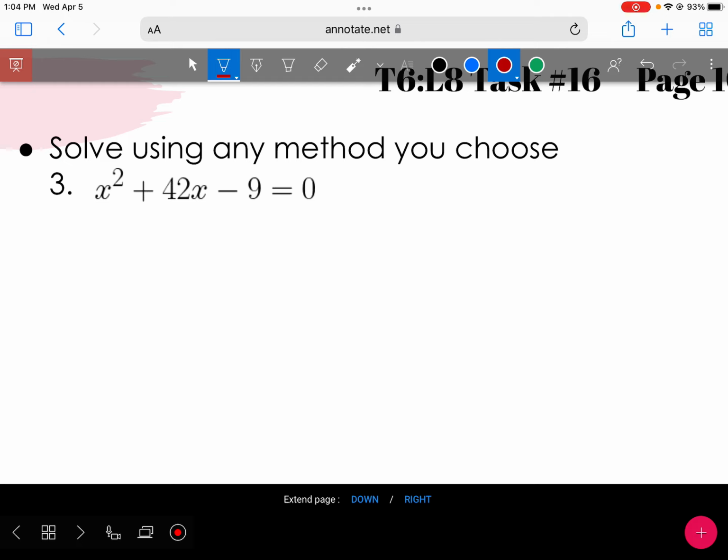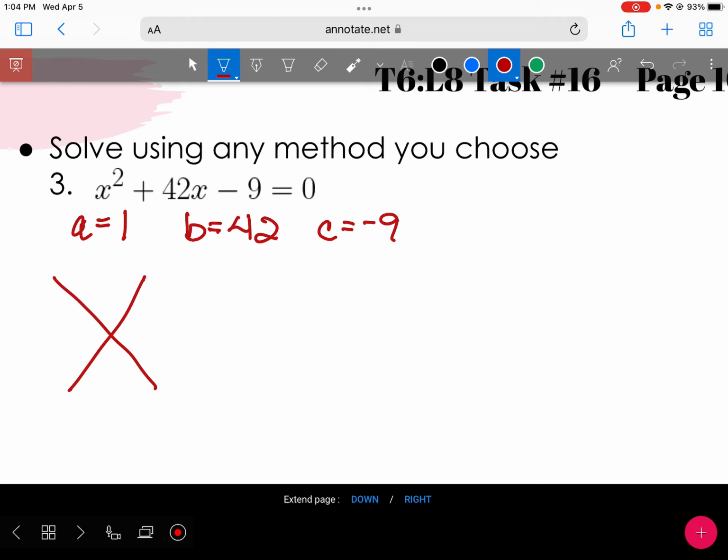What would you recommend we do here? Okay, let's try the X box method. So I'm going to say A is equal to, what is my A value? 1. My B value is 42, and C is -9.